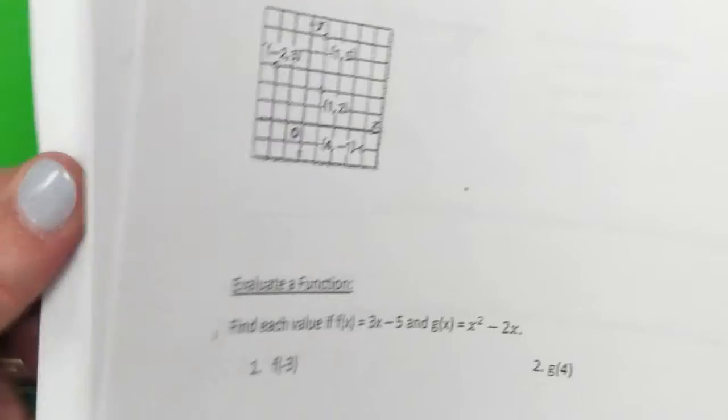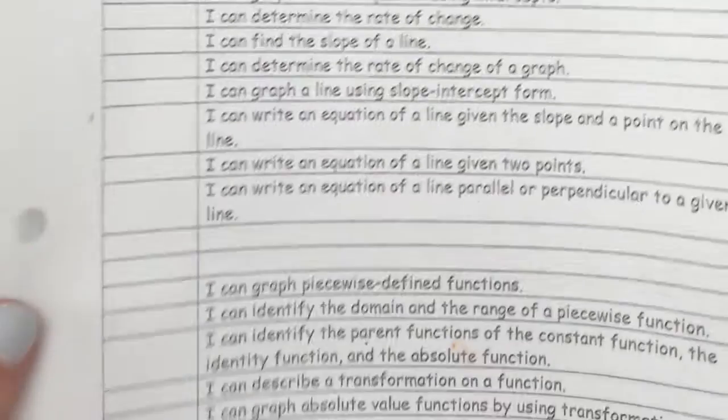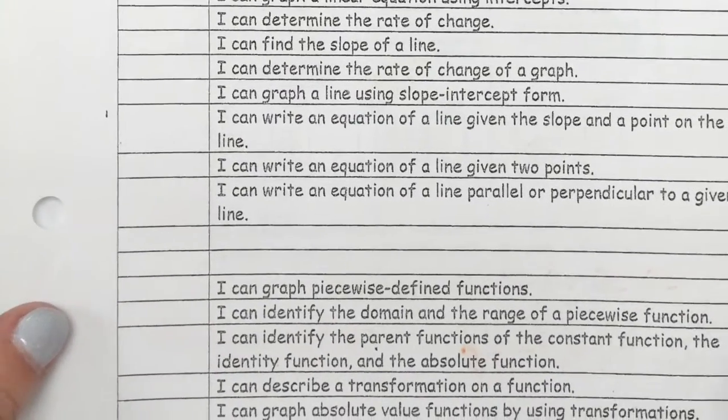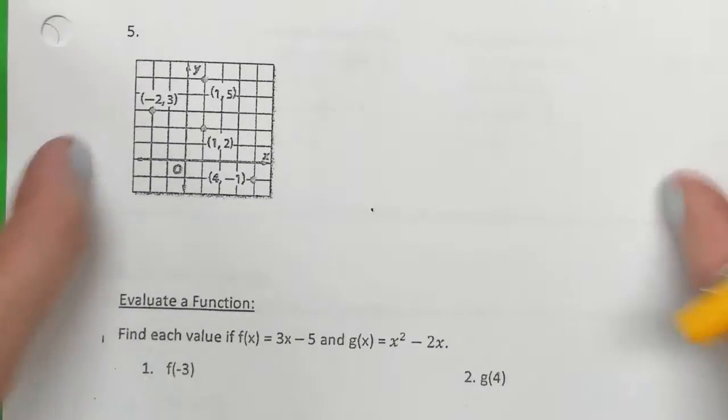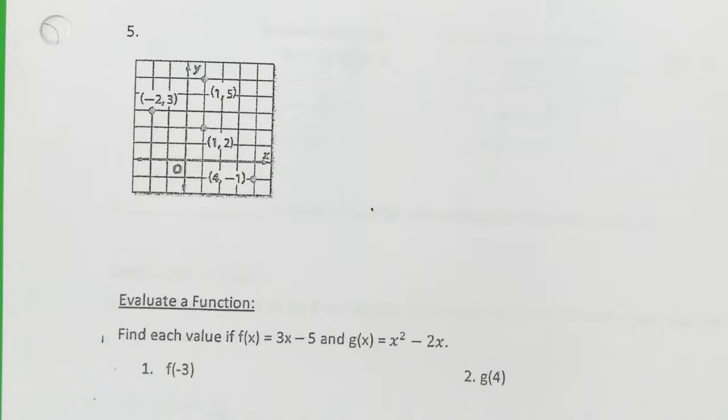What we got, a new one? What's our learning target for this one? To determine if it's a function. Okay. All right, here we go. What was the line test that we could use to determine if something was a function? The what, Anna? The vertical line test.